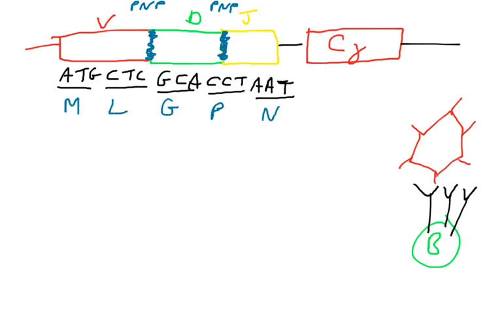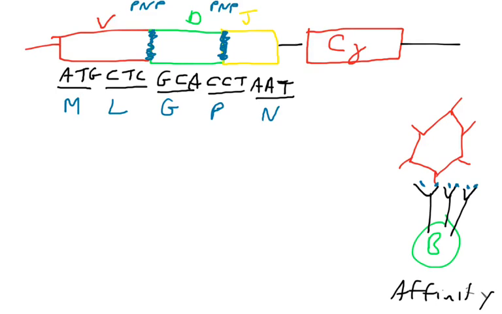And this is what you get. And you get some amino acids here: methionine, leucine, glycine, proline, I think that's asparagine. Anyway, these amino acids give rise to the heavy chain variable region, and those are going to give this Ig some affinity for its antigen, right?